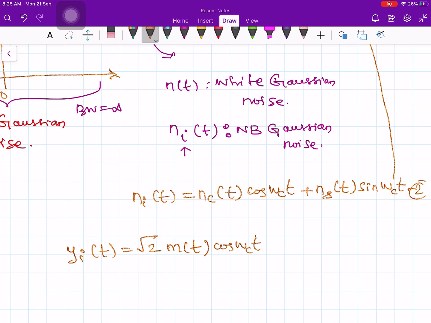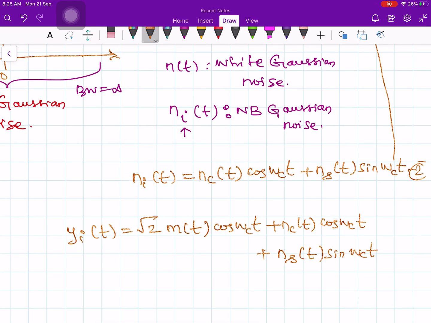By the way, the noise component is also located at the carrier frequency. Plus Nc of t cos omega ct plus Ns of t sin omega ct. So we can write the narrow band Gaussian noise in terms of the in phase component. What is the in phase component? This is the in phase component and the quadrature component. Okay, so I have both in phase component and quadrature component in the narrow band noise.